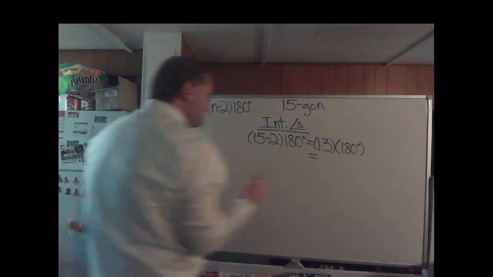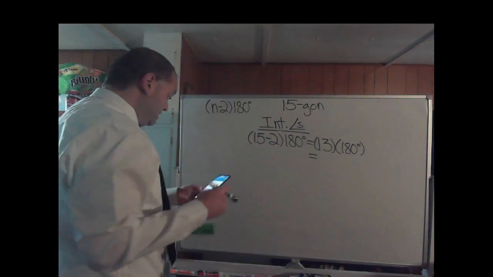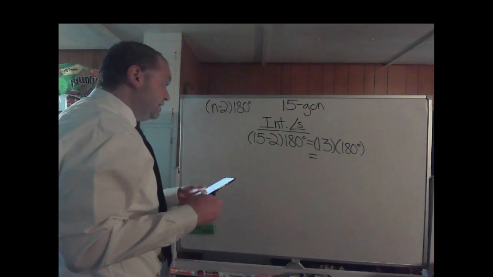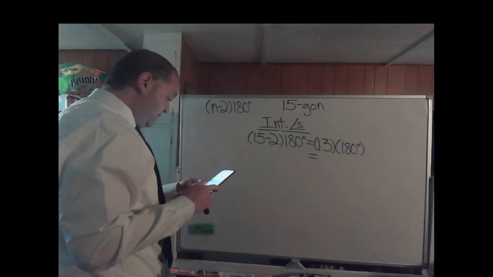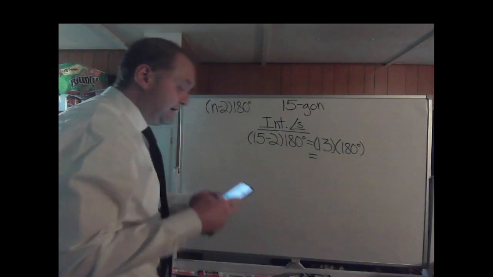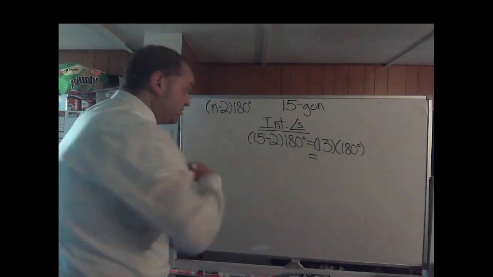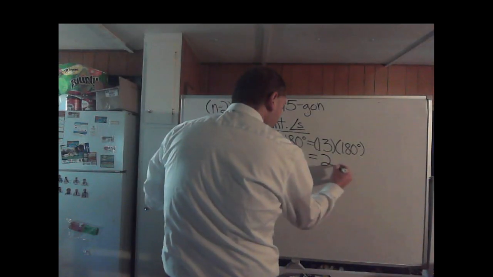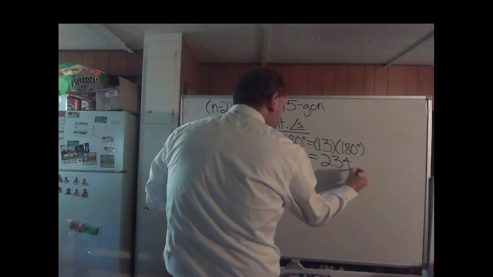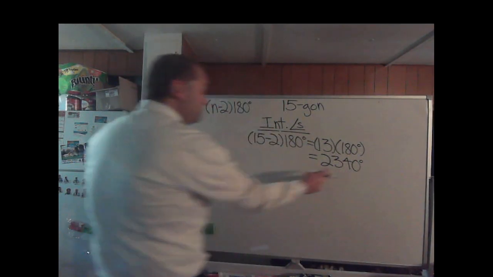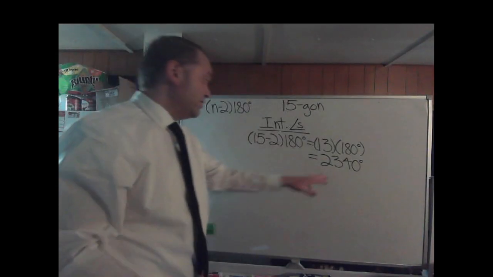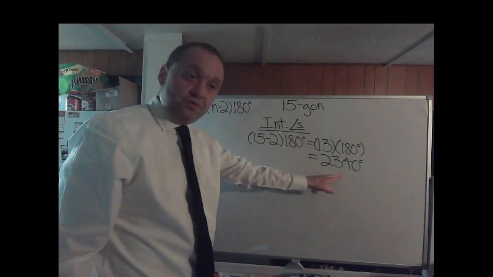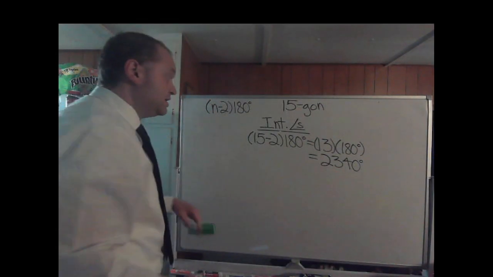which is going to equal, well, let's figure out what 13 times 180 is. I don't know that off the top of my head, but I can sure find out. 13 times 180, that's 2,340 degrees. So the total measure of the interior angles of a 15-gon is 2,340 degrees.